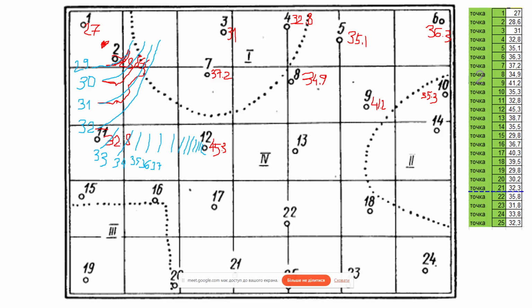The 37 line should go in this way, and 36, 35, 34, 33.